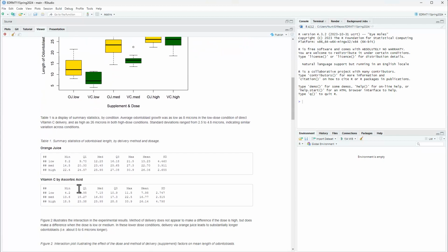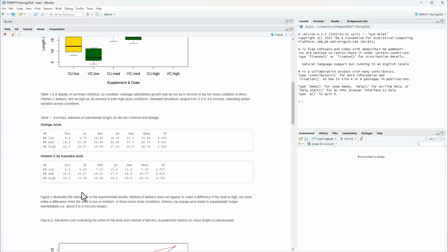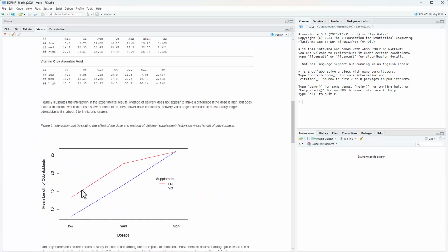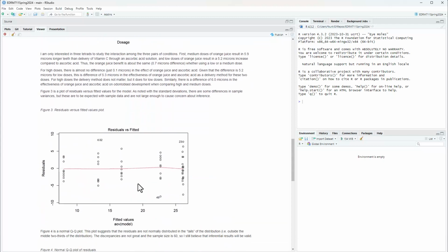So looking at the common issues regarding analysis, remember that one of them was that when you put interaction in the model, you then look first and focus on the interaction, as we can see in this graph.